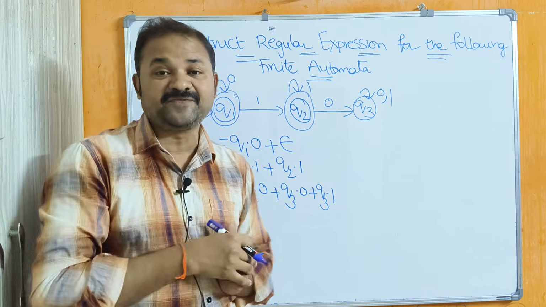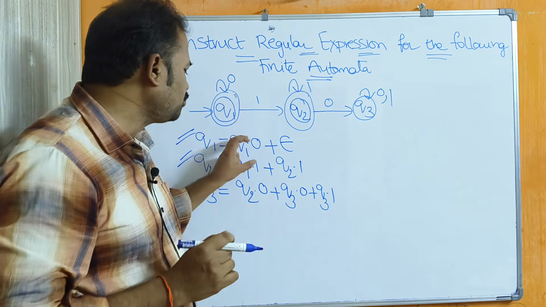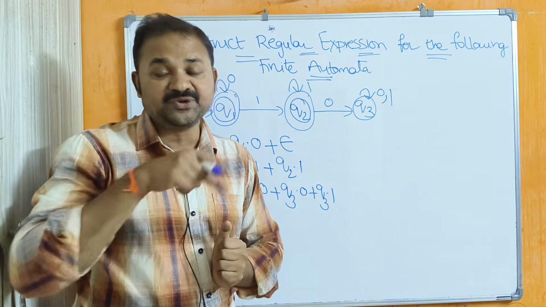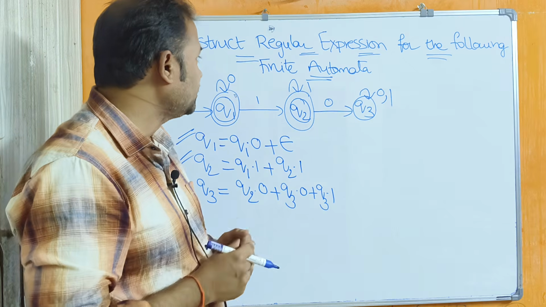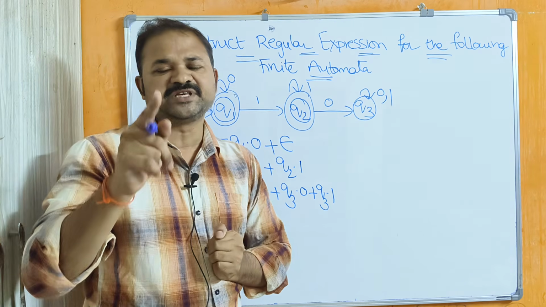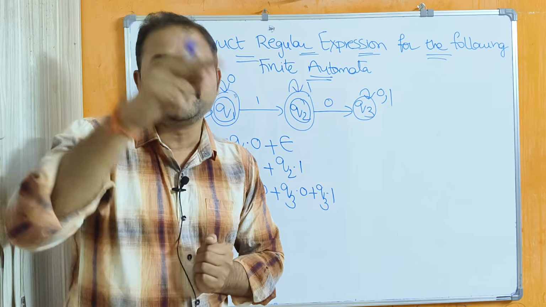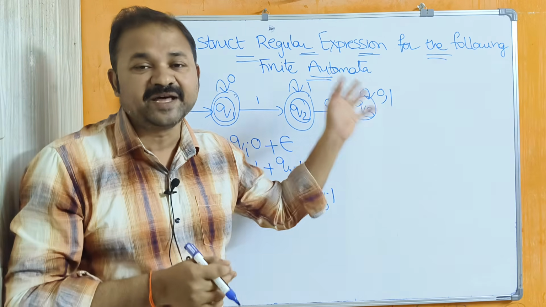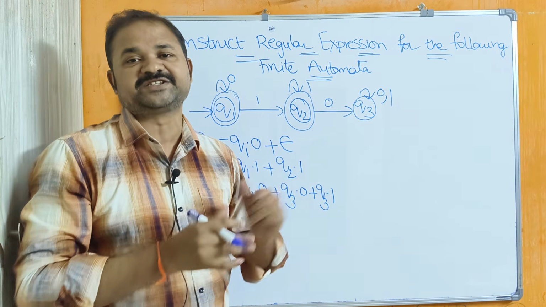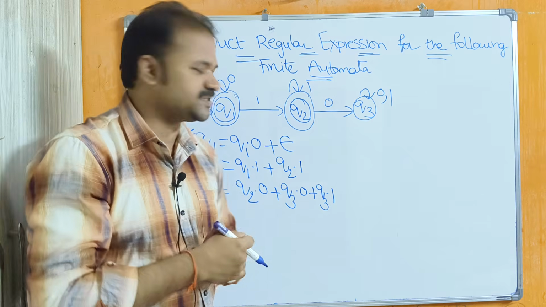So we have to simplify the Q1 and Q2 state equations, and the union of Q1 and Q2 will become the regular expression for this finite automata. Suppose if we have only one final state, then that final state's simplified regular expression will become the result. But here we have two final states, so that's why we have to make a union of those two regular expressions.